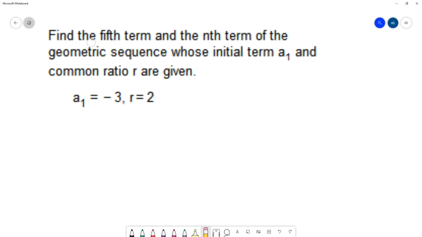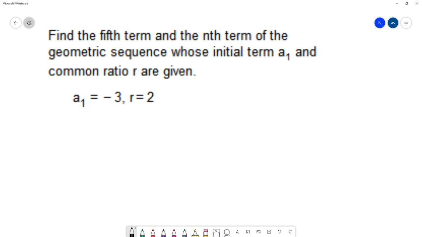On this one, we want to find the fifth term and the nth term of the geometric sequence, whose initial term, a sub 1, and common ratio are given. We're given the initial term, or first term of the sequence, to be negative 3, and the common ratio to be 2.